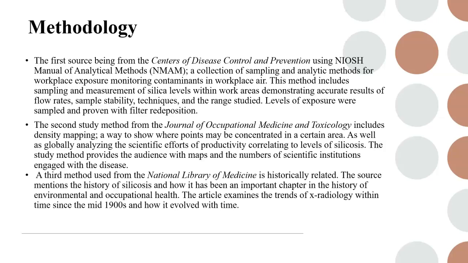A third method used is from the National Library of Medicine, which is historically related. The source mentions the history of silicosis and how it has been an important chapter in the history of environmental and occupational health. The article examines the trends of X-radiology within time since the mid-1900s and how it has evolved.